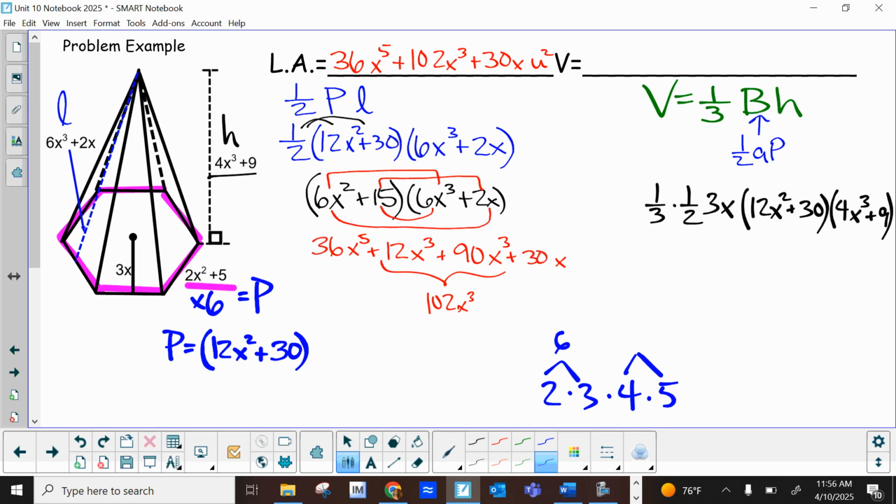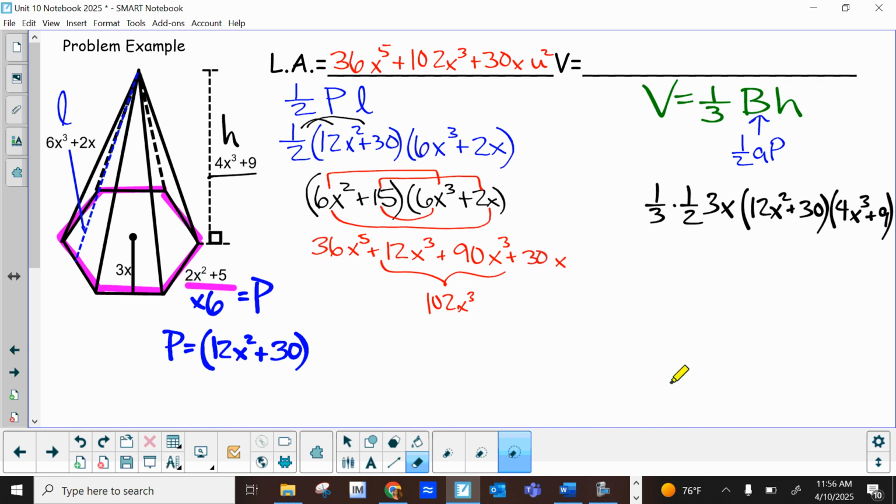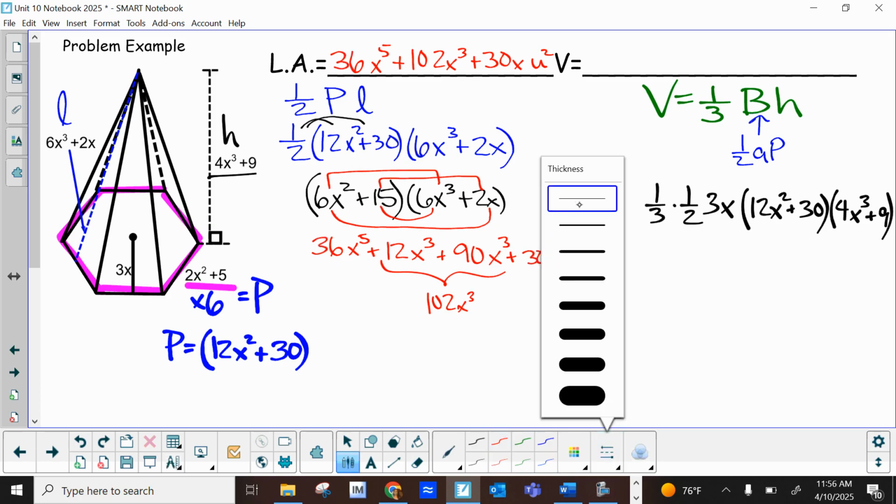Some people will multiply those two second, and then they'll multiply those two. Some people will multiply 2 times 5, which is 10, and then multiply it by the 4, which is 40, so it doesn't matter what order you multiply in, okay? So here we're multiplying 1, 2, 3, 4, 5 different things here. So it does not matter what order you multiply them in, okay?